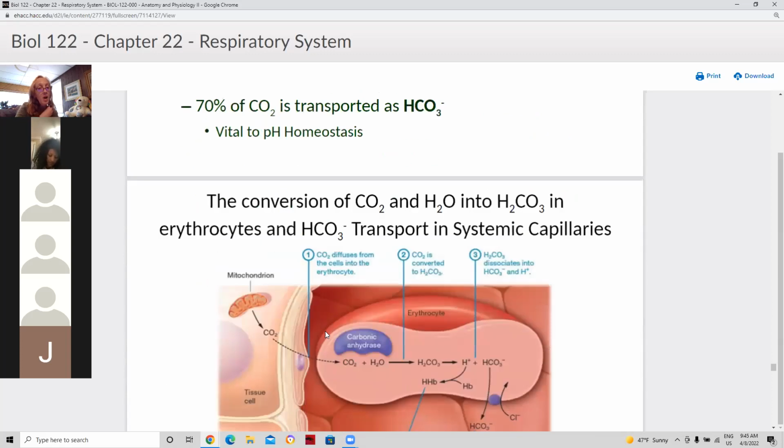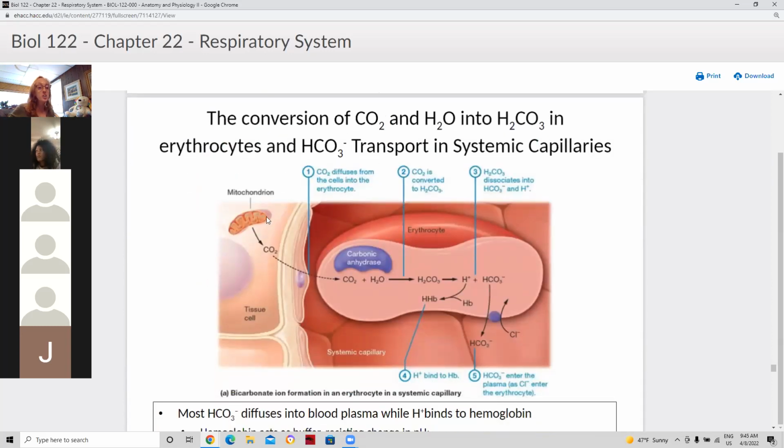Conversion of carbon dioxide and water into carbonic acid in the erythrocytes and the bicarbonate transport in the systemic capillaries. You guys memorize this equation: carbon dioxide plus water equals carbonic acid, which equals hydrogen ions plus bicarbonate. So carbon dioxide diffuses into the erythrocytes.